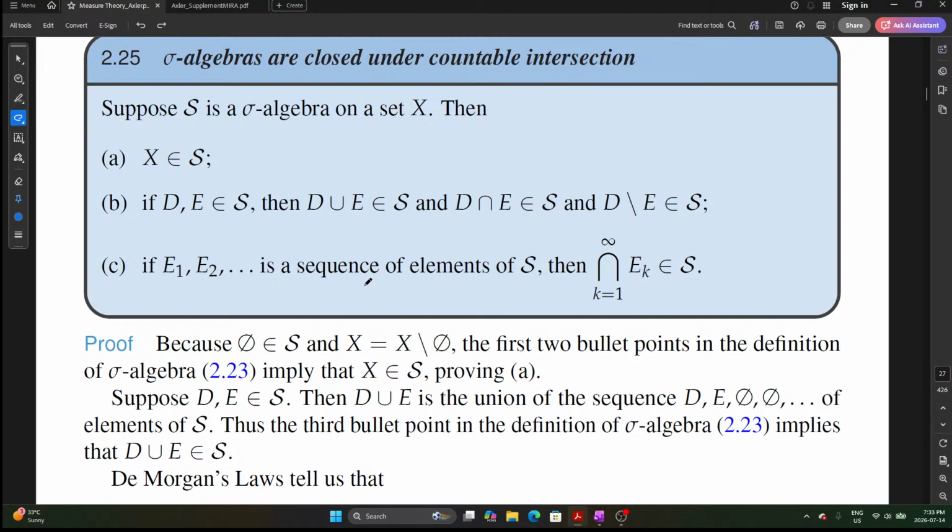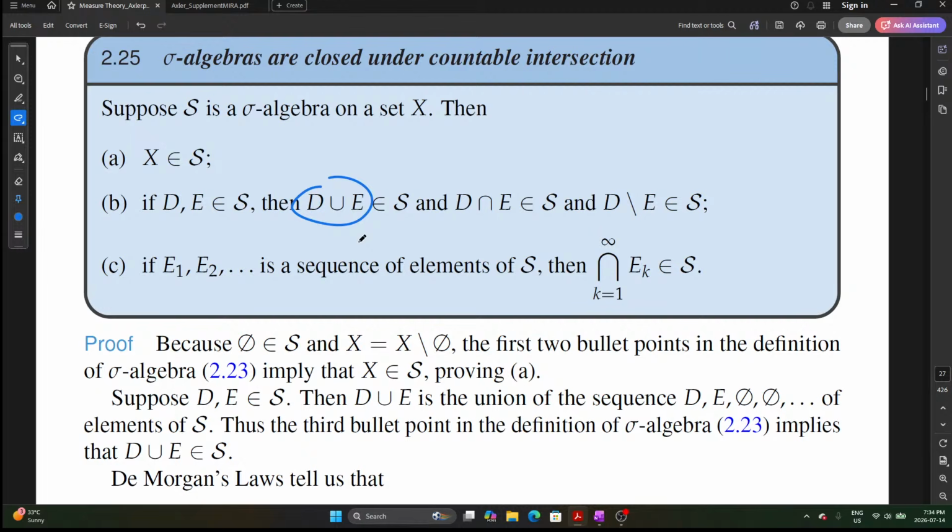So here we wish to prove B and C. We wanted to use closure under finite union. I wish there was a shorter phrase for that.